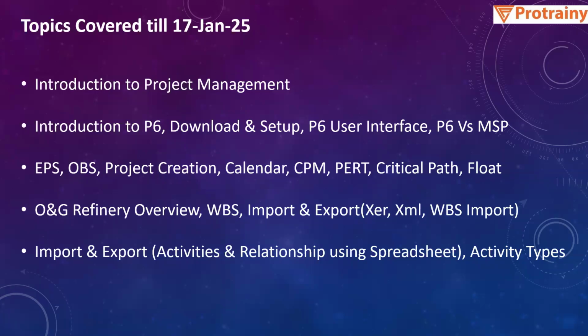Then on the fifth day we continued with importing the activities and relationships using an Excel spreadsheet, and we saw the six kinds of activity type in P6. So now I would request you to please unmute yourself and ask whatever doubt you have till this particular topic.